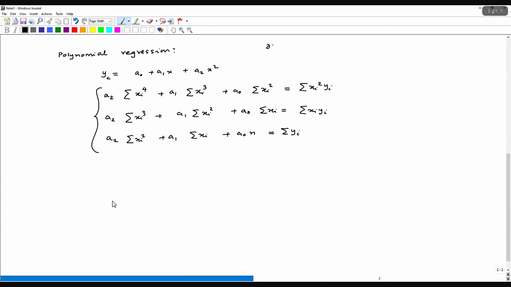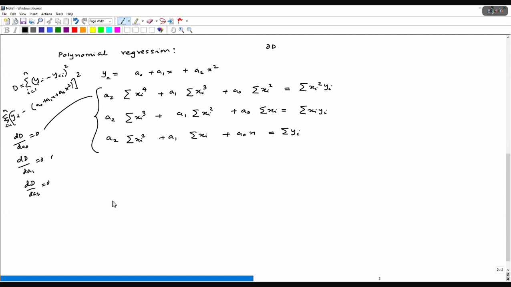You define a parameter D, which is the sum of yi minus yci square, i equal to 1 to n, which is yi minus the fit, and you minimize that, dD over dA equal to 0, the least square method.